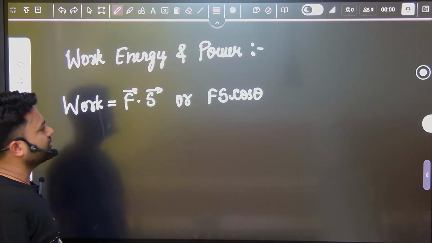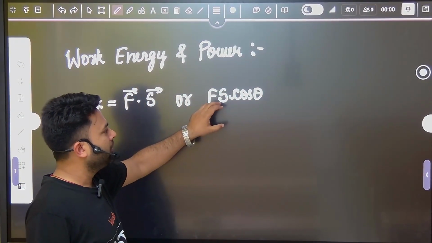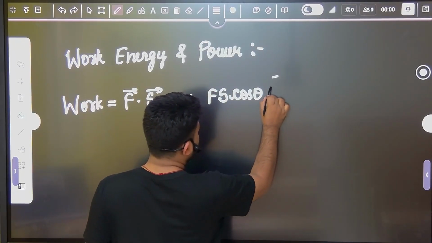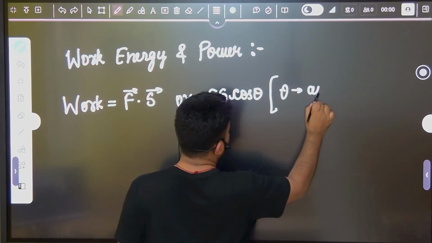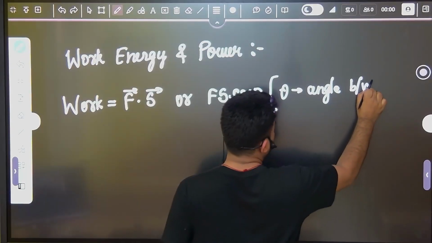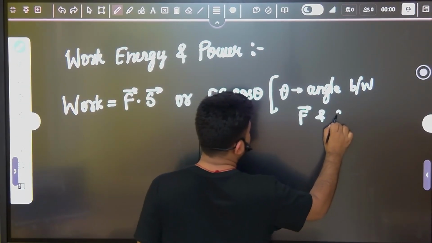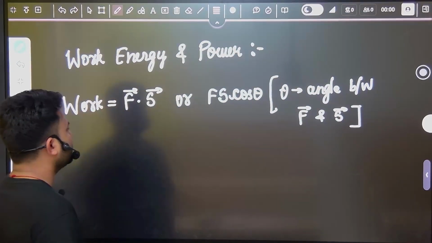So work is force multiplied by displacement multiplied by cos of theta, where theta is the angle between the force vector and the displacement vector. Correct.